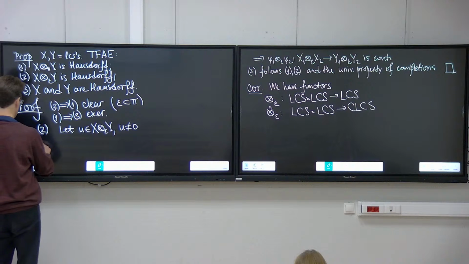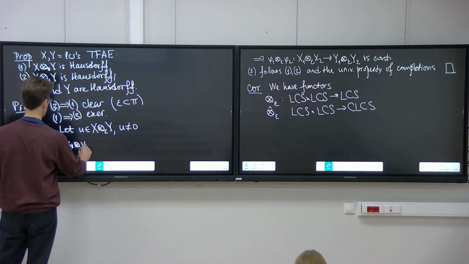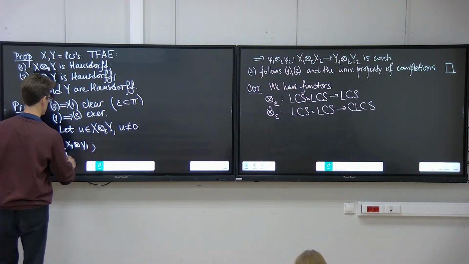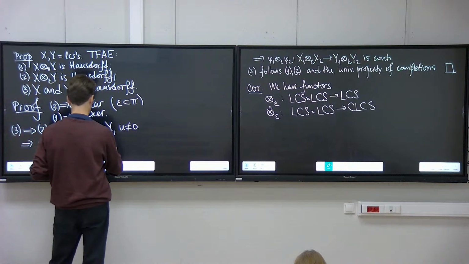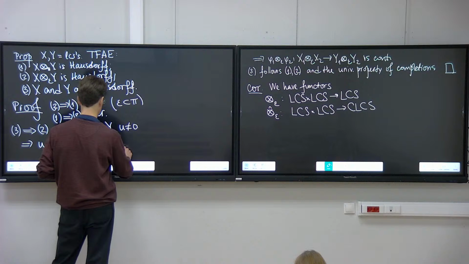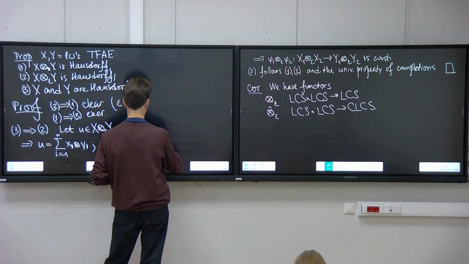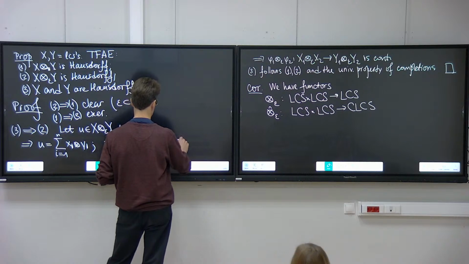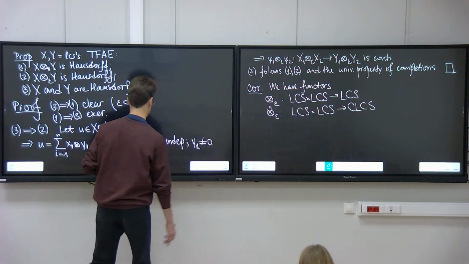So take a non-zero element u in the algebraic tensor product, so we can represent it in the following form, as a finite sum from 1 to n, x_i tensor y_i, and it follows from the algebraic theory of tensor product that we can choose these elements x_i and y_i in such a way that x_1 to x_n are linearly independent, and such that y_1 is not zero.